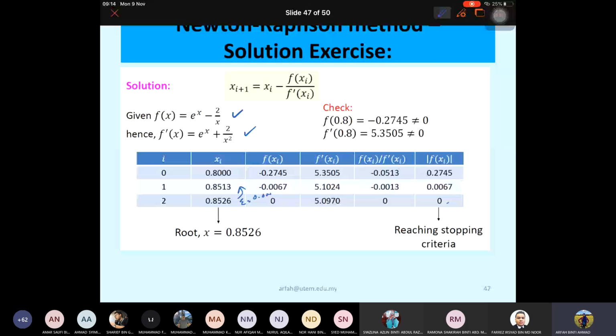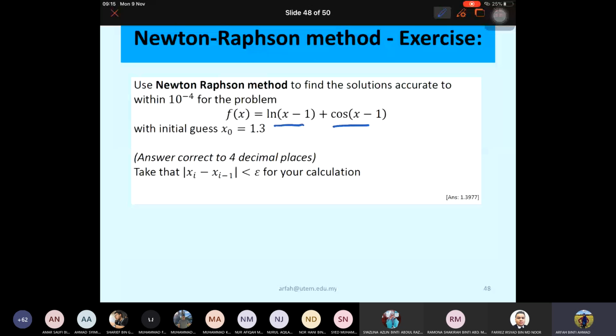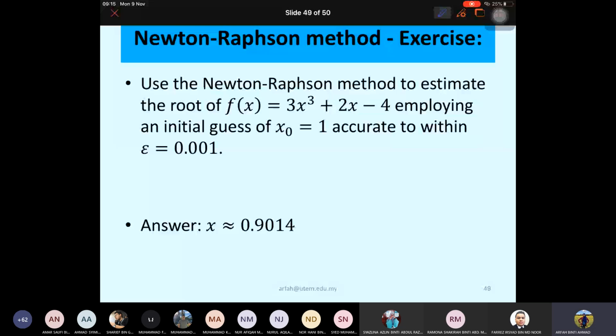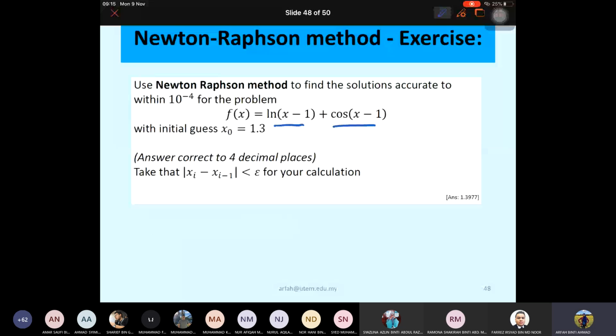So this is example you can refer, you can try by yourself. And then another example, kita ada ln function, ln x minus 1 tambah cos x minus 1. So awak try that one and then dapatkan dia punya derivative. Apakah derivative bagi ln function dan apakah derivative bagi cos function.